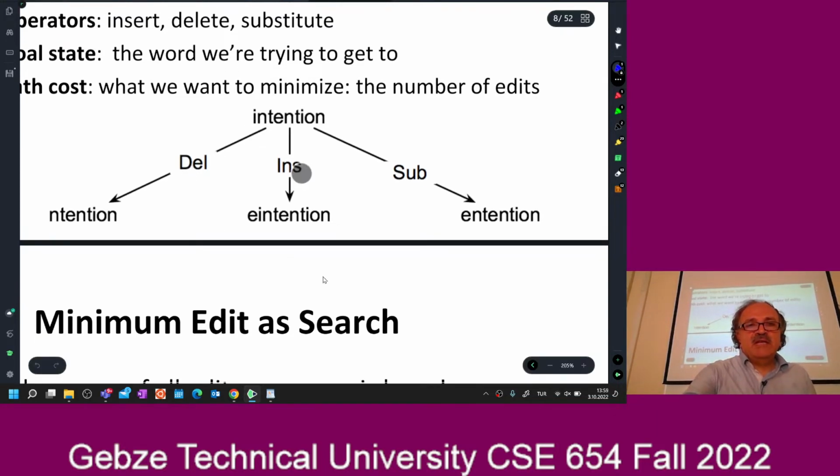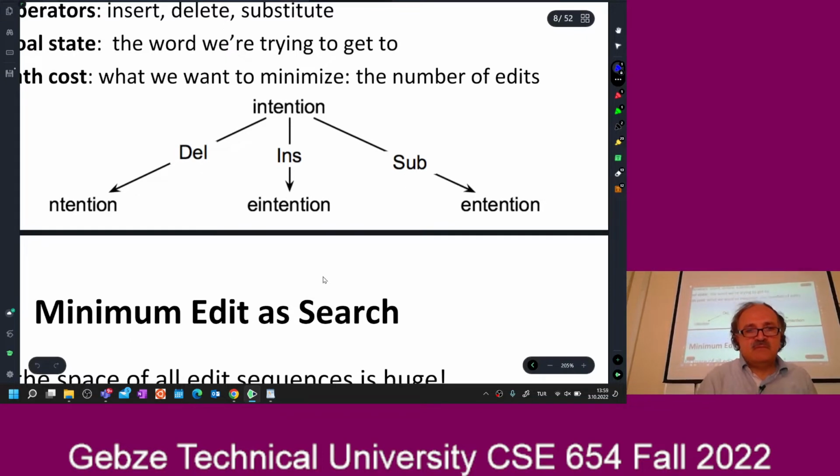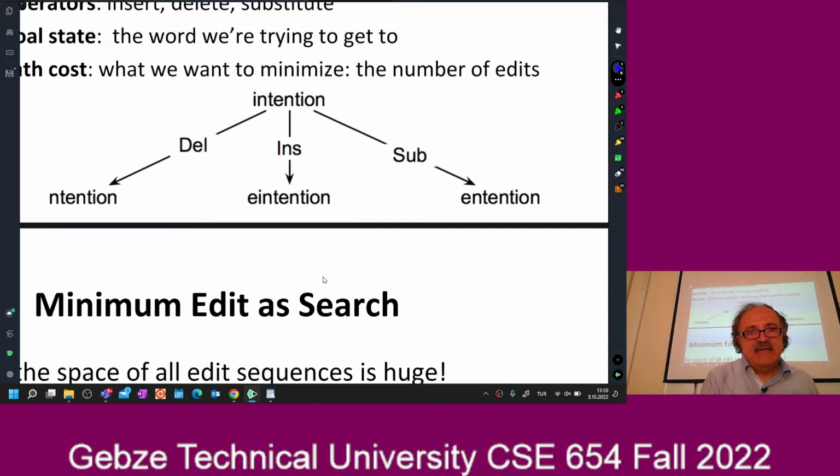I can insert a letter from my target word, which is execution, the first letter is E, or I can do the substitution. Okay? I don't know which way to go, so I am going to continue with this one. There are three possibilities. I can delete N. I can replace N with what?